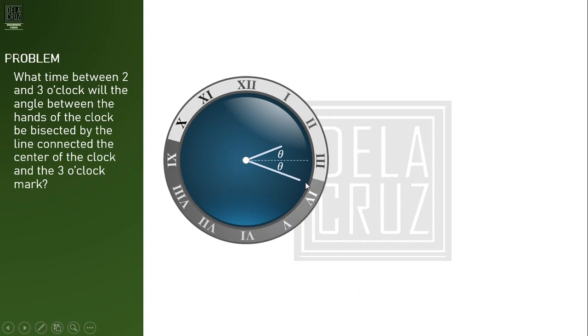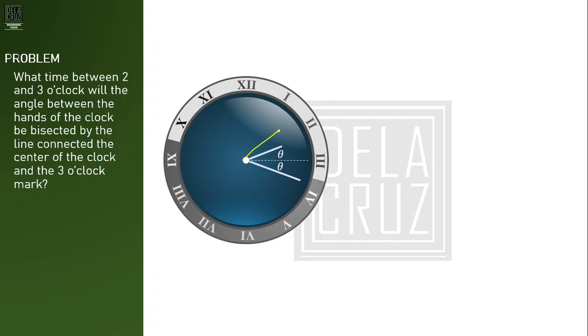So it cannot be greater than at the 4 o'clock mark yung ating longhand, no? Because if mangyayari yan, that means yung ating shorthand is behind the 2 o'clock mark. So hindi na siya magiging in between 2 to 3 o'clock, no? So dapat yung ating shorthand should be in between 2 and 3 o'clock. So somewhere here lang talaga, no? It cannot be, okay, change yung color, it cannot be dito, no?